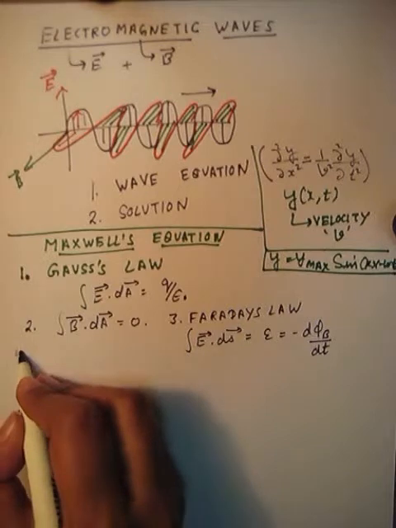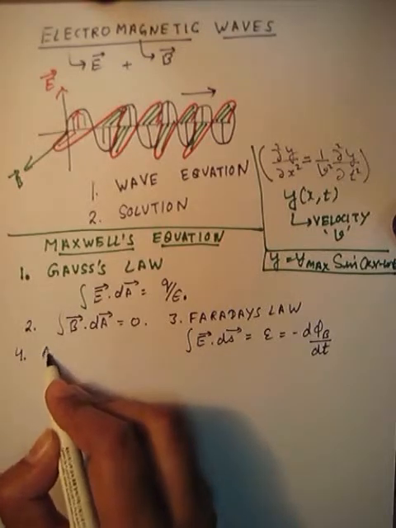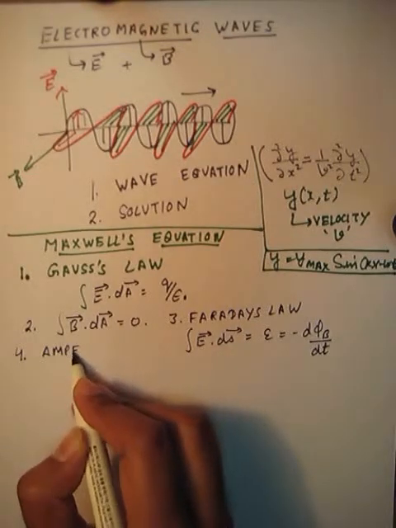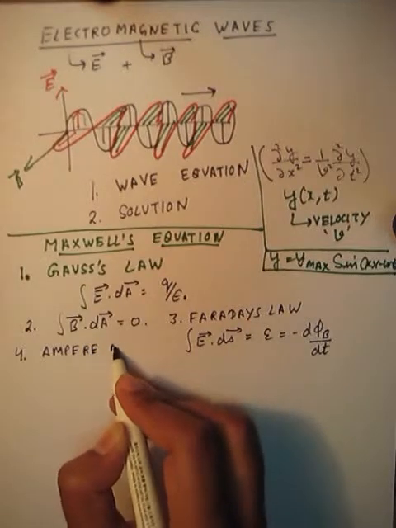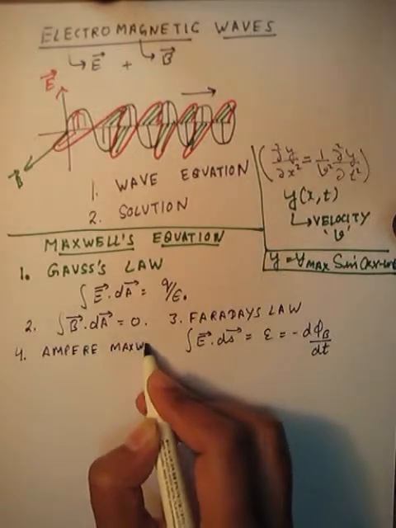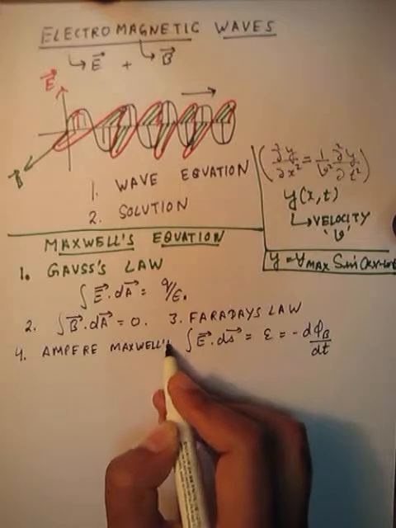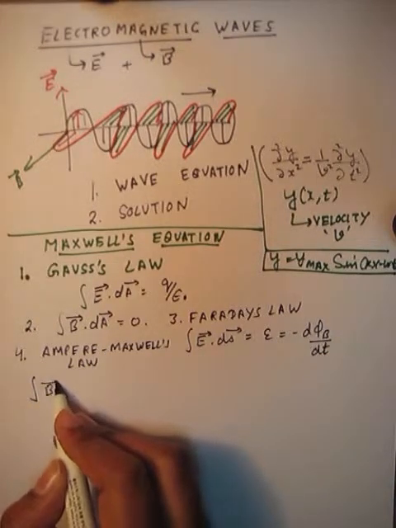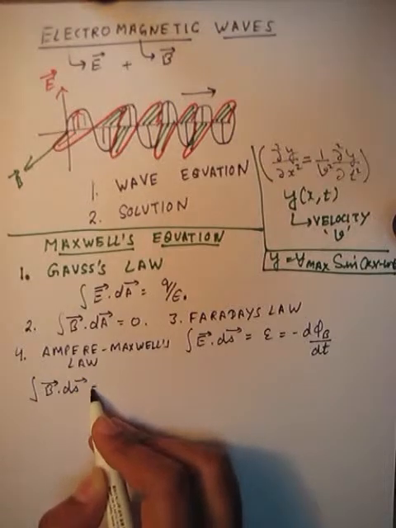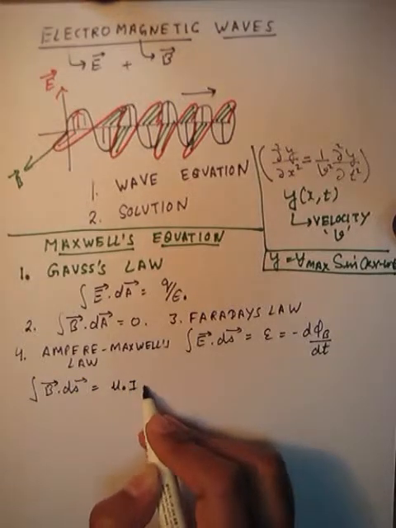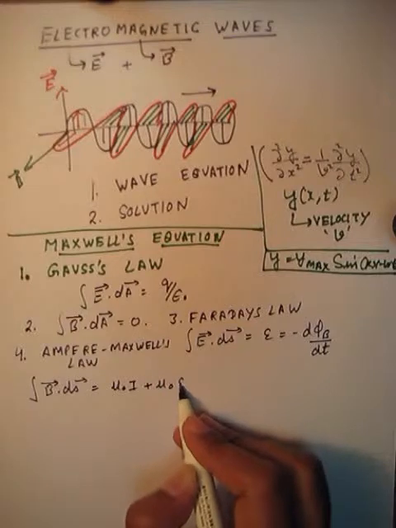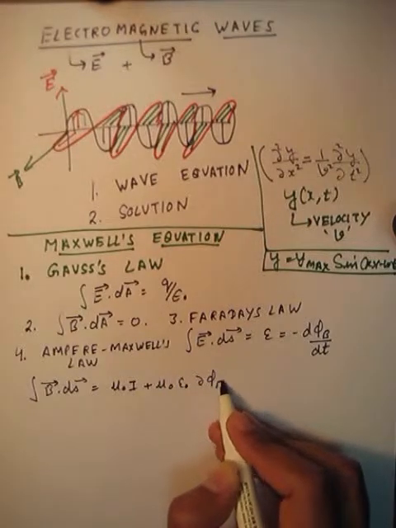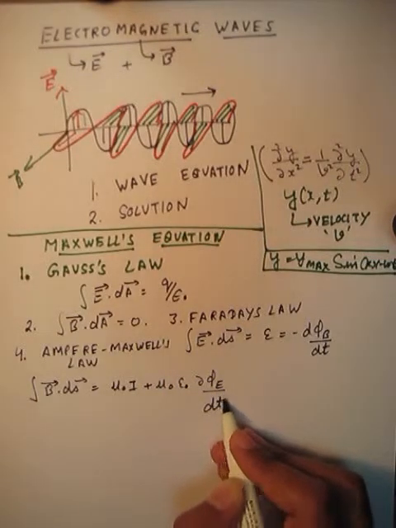Okay, and then the fourth one is Ampere-Maxwell's law, which is the integral of B vector dot ds vector equals μ₀I plus μ₀ε₀ dφ_E upon dt.